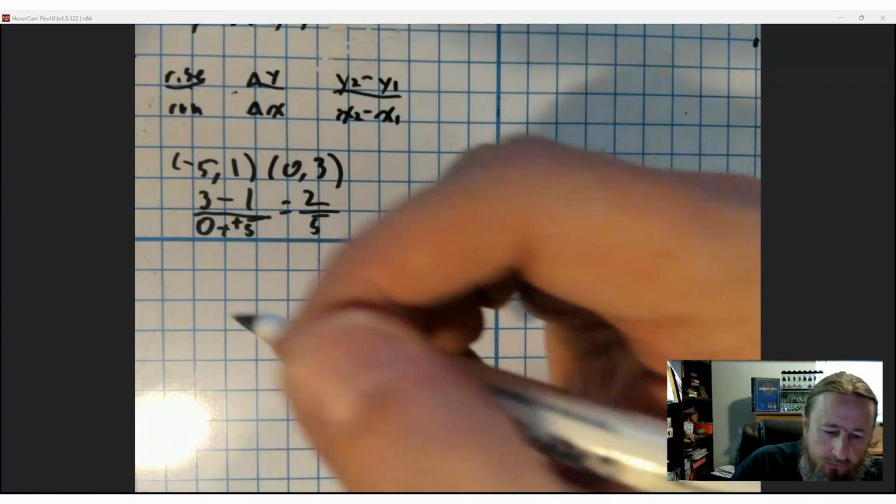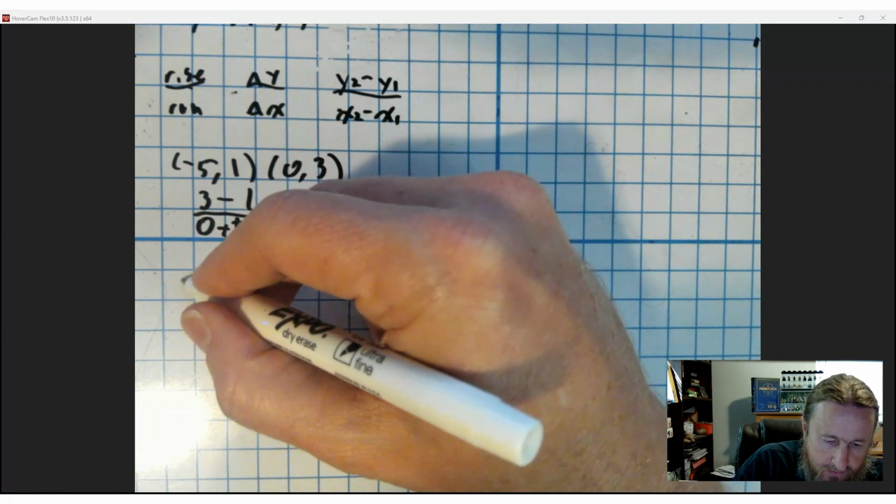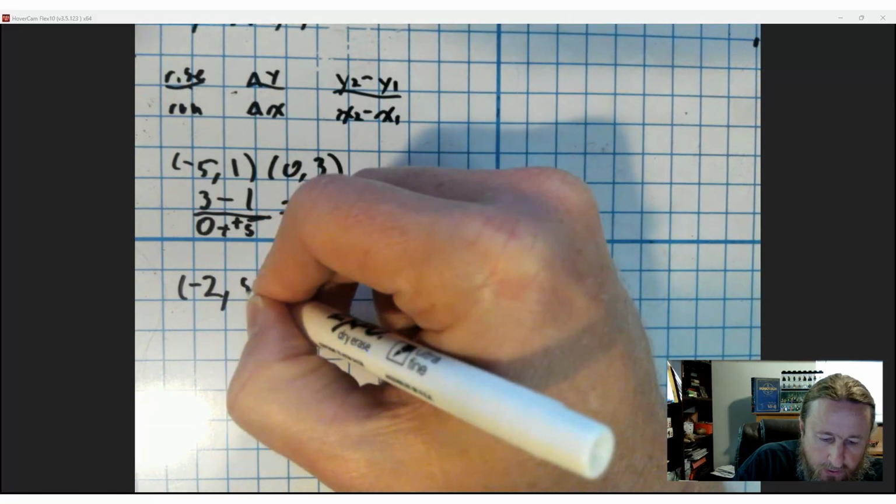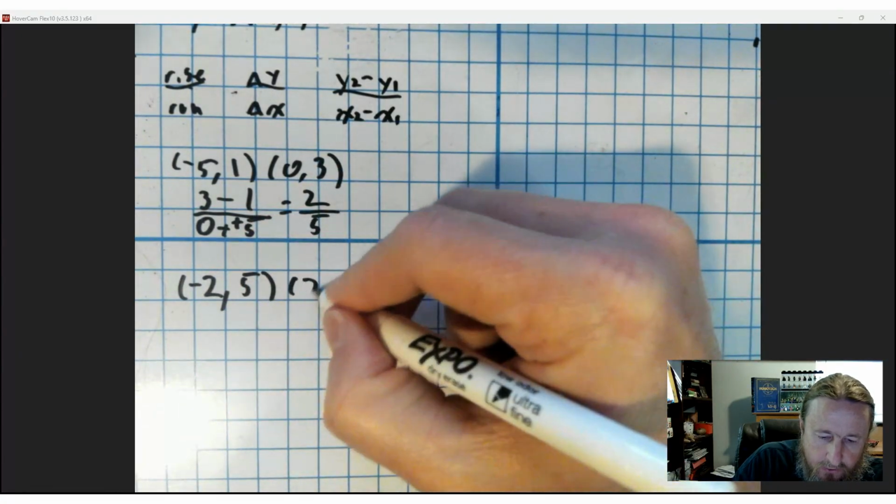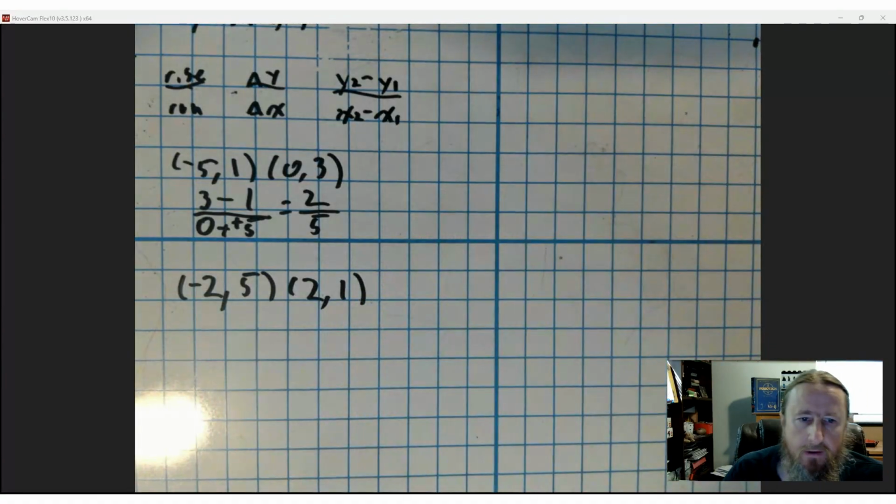Our next points will be negative 2, 5, and 2, 1. Again, we plug everybody into that y2 minus y1. However, I am going to show you that it actually doesn't matter which point you decide is x2 and which point is x1.